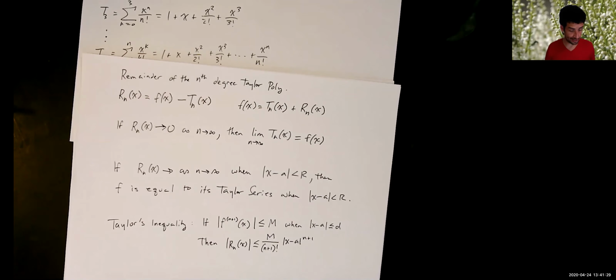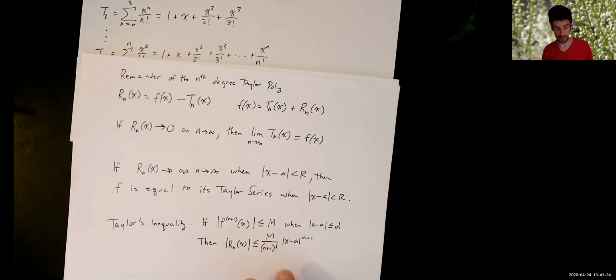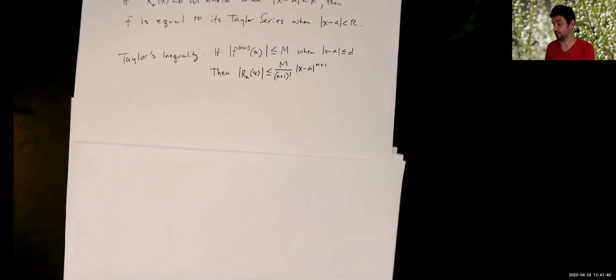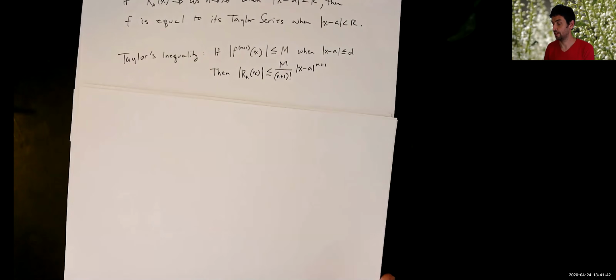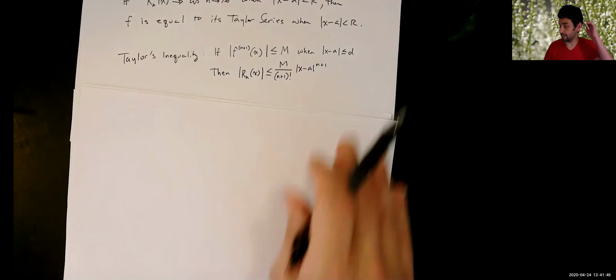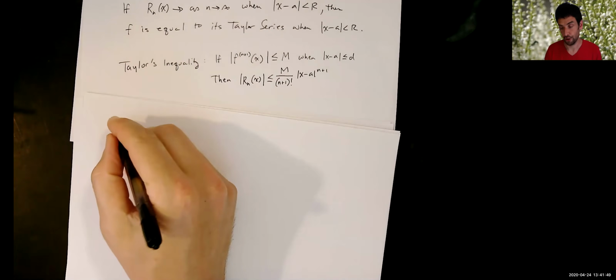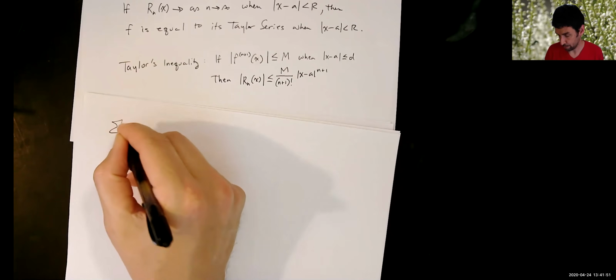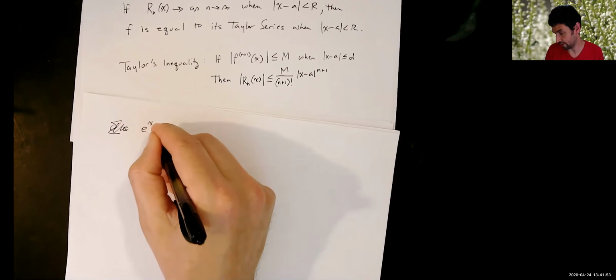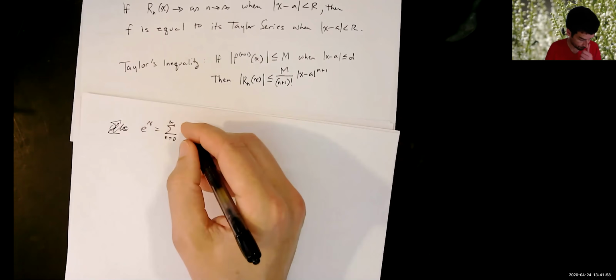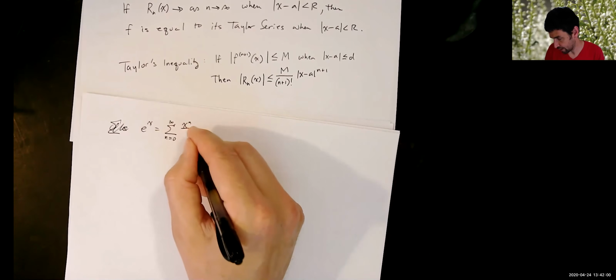But let's do that just for the function we've been looking at in this video, e to the x. Let's take advantage of this tool and show that e to the x is equal to its Taylor series for all real numbers. So e to the x is equal to the sum from n equals 0 to infinity of x to the n over n factorial.